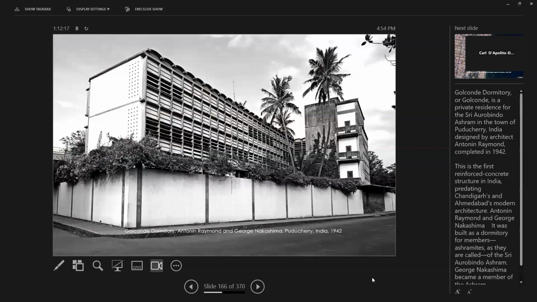Antonin Raymond actually worked with Frank Lloyd Wright, and then went to Japan to work on the hotel there, and stayed in Japan and had a practice there. And George Nakashima was a Japanese architect who was sent here to be the project architect for this building and actually became a part of the ashram and stayed there.